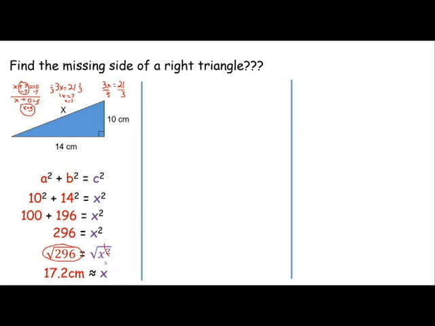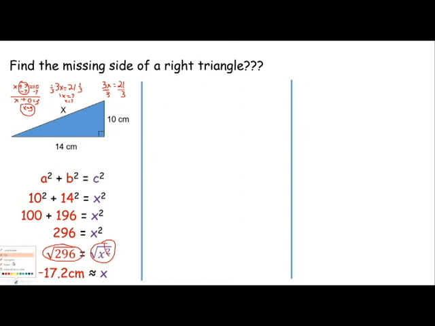nearest 10th place. Now, this is not the time for us to focus necessarily on exponent rules, but I should also point out that this has another answer. X could be either 17.2 or it could also be negative 17.2 because negative 17.2 times itself would be a negative times a negative, which is a positive.